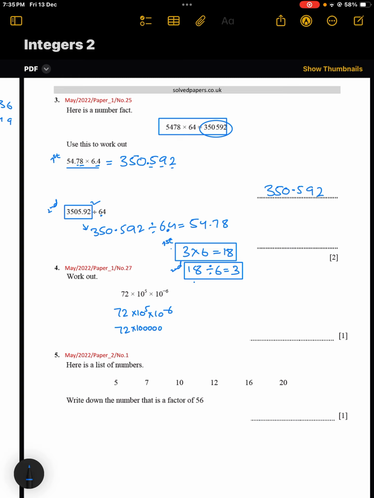And as this is power minus 6, I'll bring it down and we'll write here 1, 2, 3, 1, 2, 3. We'll cancel these 3 zeros here, above 3 zeros, and further these 2 zeros will be cancelled with this. So I'll come up with the answer 72 divided by 10, that will be equal to 7.2. So my answer will be 7.2.